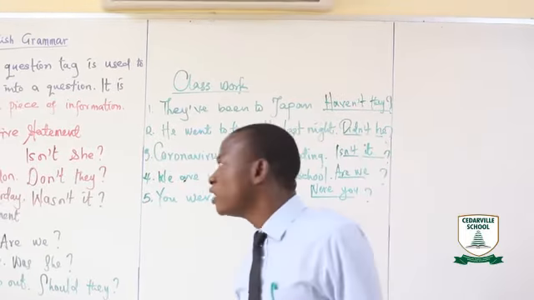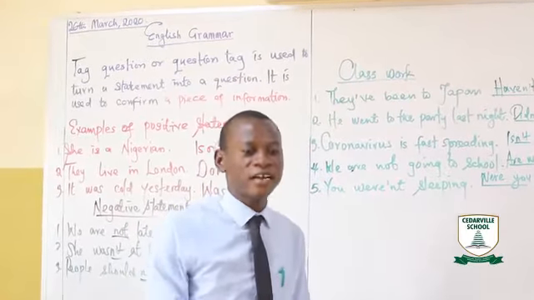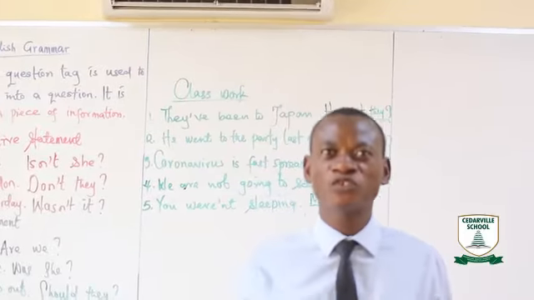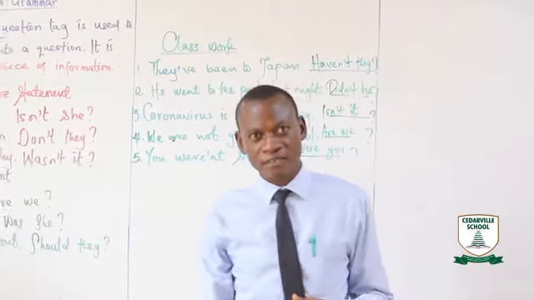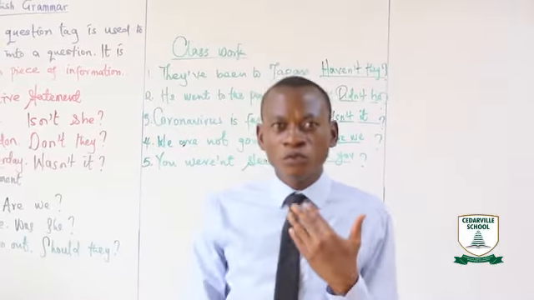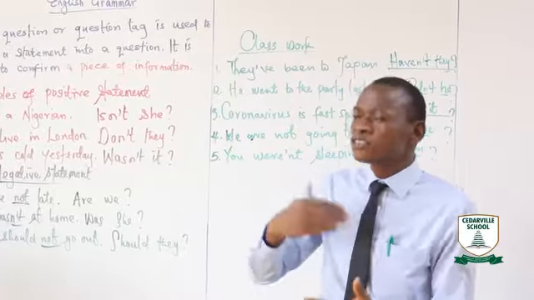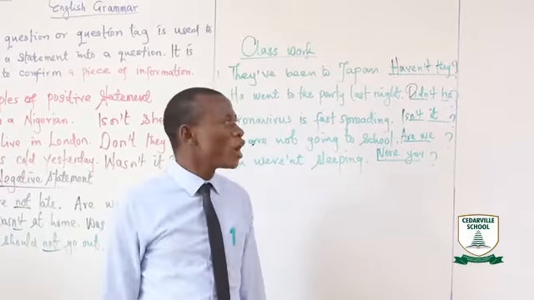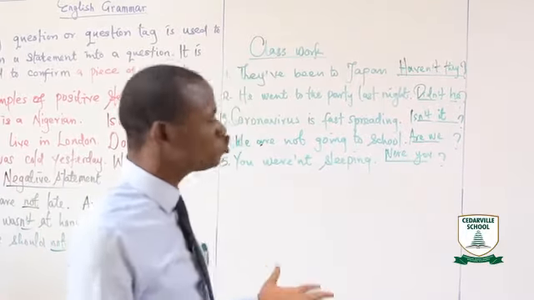So, in summary, we have learned today about question tags and what question tags are used for. They are used to confirm information that has just been passed. You use tag questions to turn a statement into a question. So I believe you have a better understanding of how to use them.